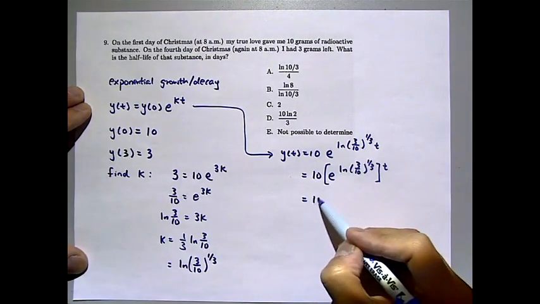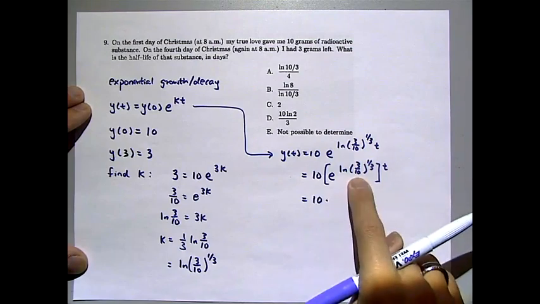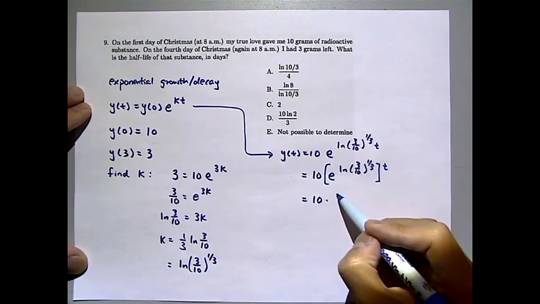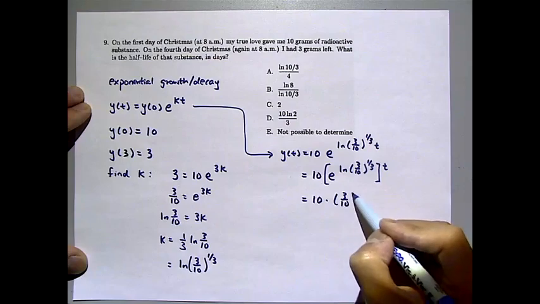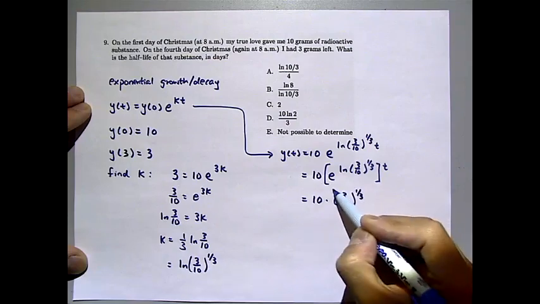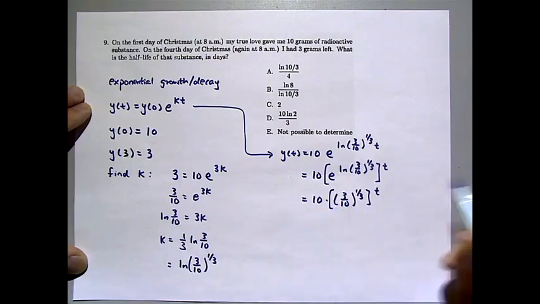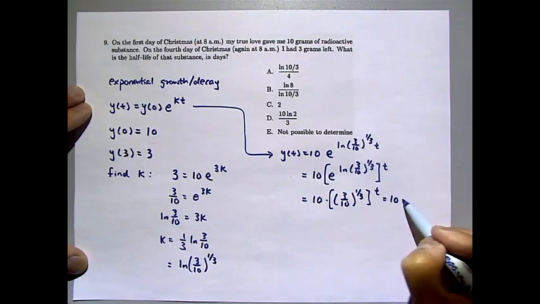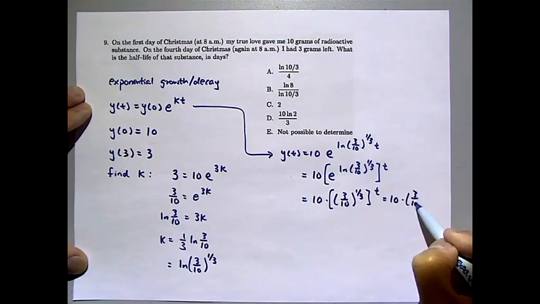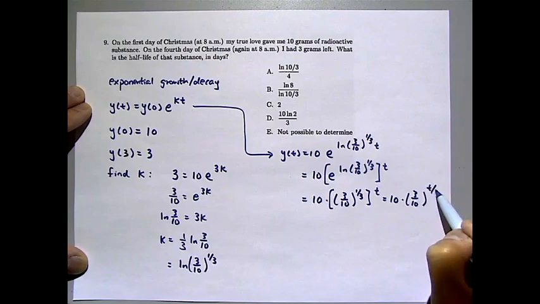So that's equal to 10 times e to the ln of something, which is just that something, to the power of t. So that's 10 times (3 over 10) to the power of t over 3.